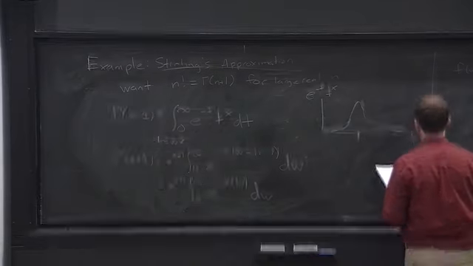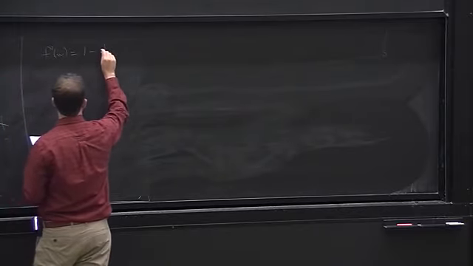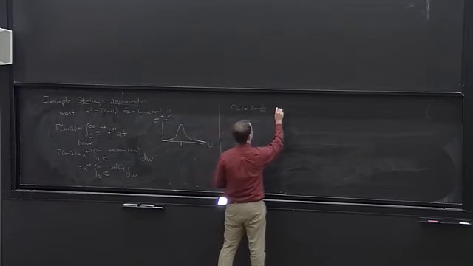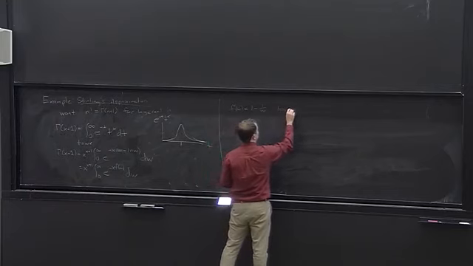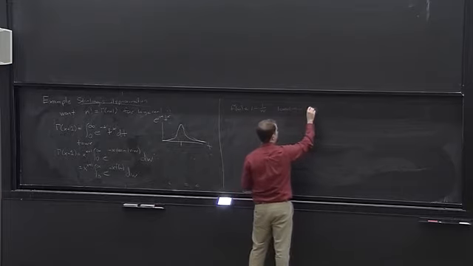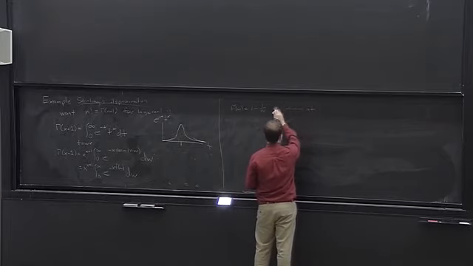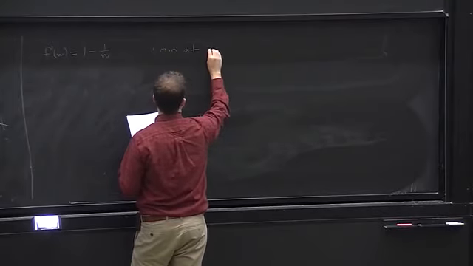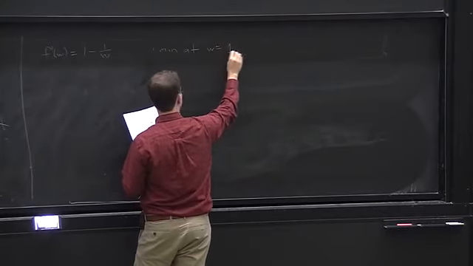Around its minimum. So f prime is 1 minus 1 over w. So it has a local min, or global min at w equals 1.